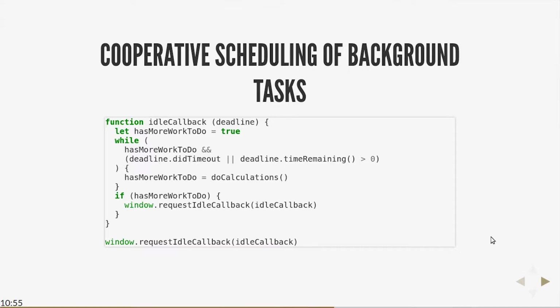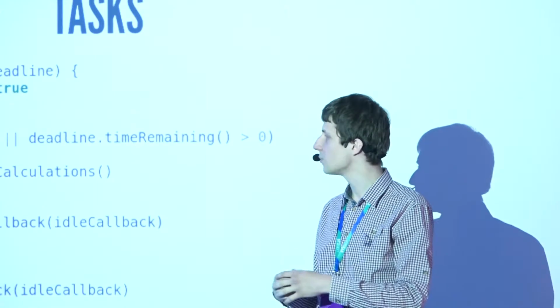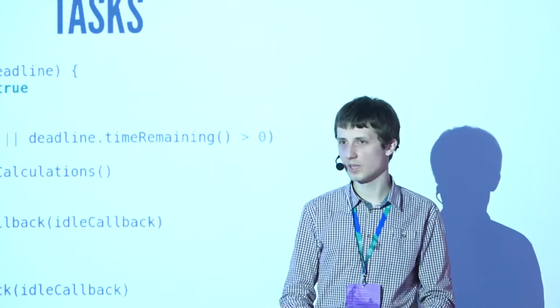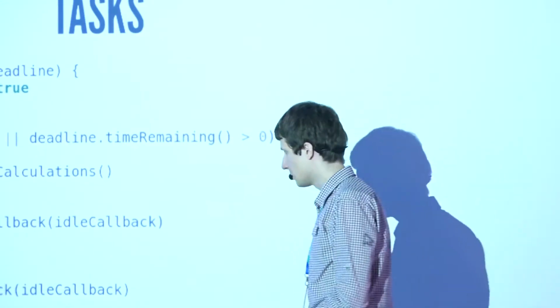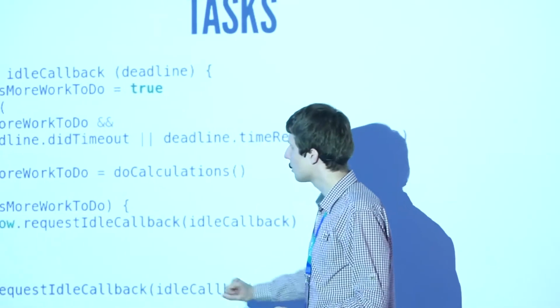There's a new function on the window object called requestIdleCallback, and when you are calling it, you are saying, browser, if you have some free time, please execute this callback, which contains calculations that are not mission critical, that can be done in the background. So only when you have free time, please execute this callback.